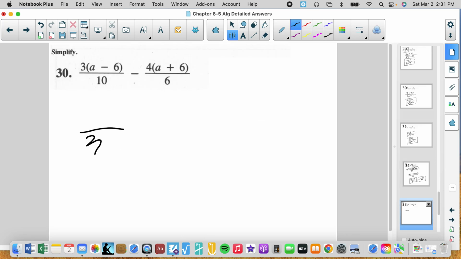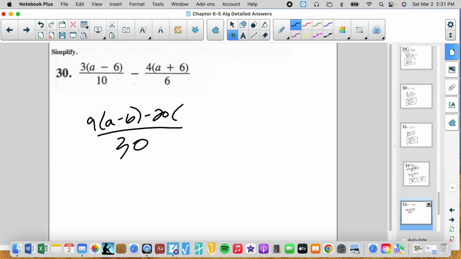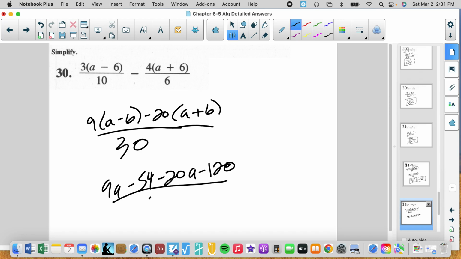Common factor, 30. So that is going to be 3 times 3 is 9 times a minus 6, and 6 times 5, which is negative 20 times a plus 6. And we get 9a minus 54 minus 20a minus 120 all over 30.